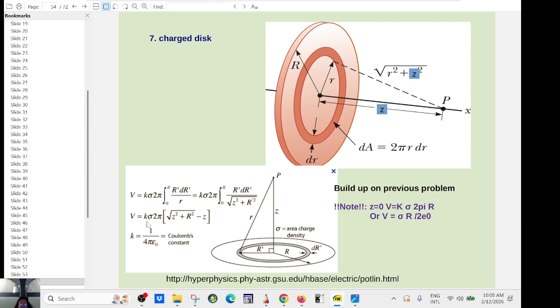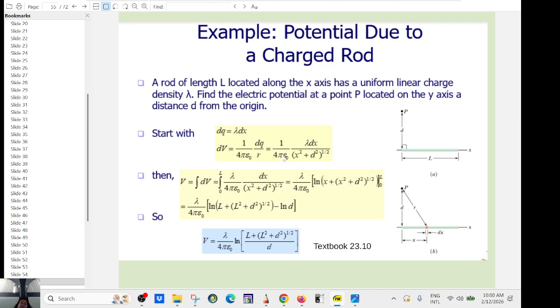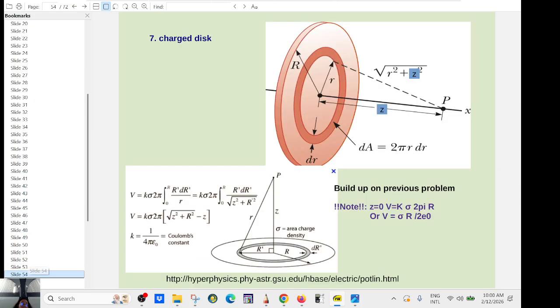And you see, you can find the voltage of the disk if you do z equals 0. So it means z equals 0 at that position here, you're going to get a constant k sigma 2 pi r. The electric field, you remember it was sigma over 2 epsilon 0 for a disk. And this is a double integral.